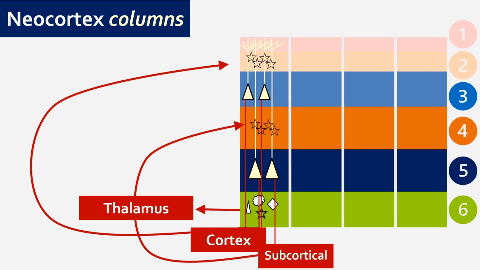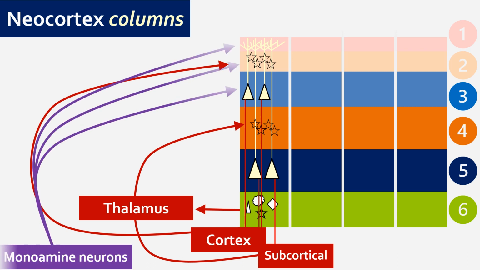The final thing we just need to mention then is some of the modulation of these cortical columns and the basic modulation of the cortical function itself. Lots of this comes through monoamine neurons, which again we've covered in the neurotransmitter video and in other videos where we talk about things like serotonin, dopamine, and noradrenaline.